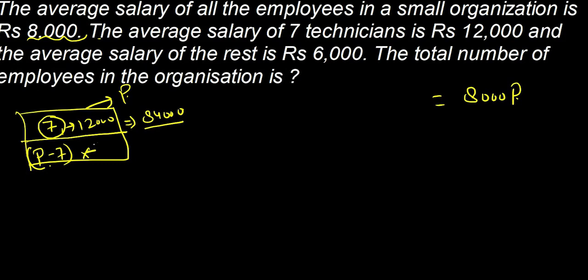Their average salary is 6,000. So the total box is 8,000 P. This part is 84,000, and the value of this part is obviously P minus 7 into 6,000.